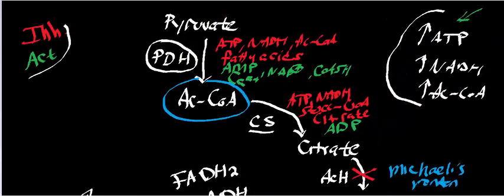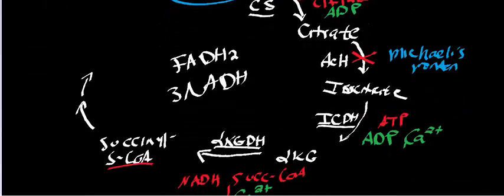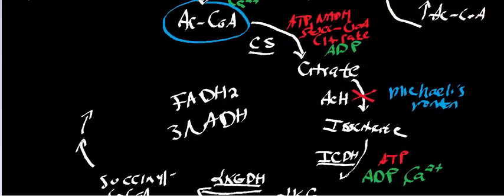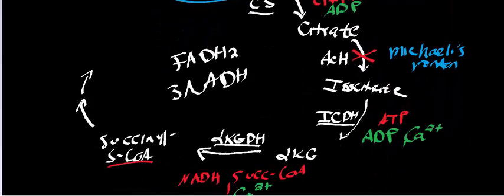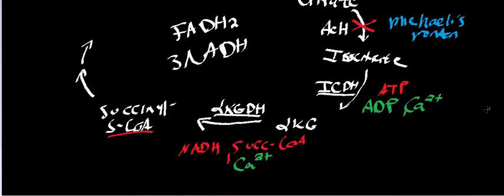Of course, we get 1 from pyruvate dehydrogenase, but actually in the cycle, we get 3 NADHs. And so if the TCA cycle is running full force, there's a lot of NADH being produced. And so that NADH can feed back allosterically and inhibit specifically what? Citrate synthase and pyruvate dehydrogenase. And of course, alpha-ketoglutarate dehydrogenase. The only one that's not allosterically inhibited by NADH is isocitrate dehydrogenase.